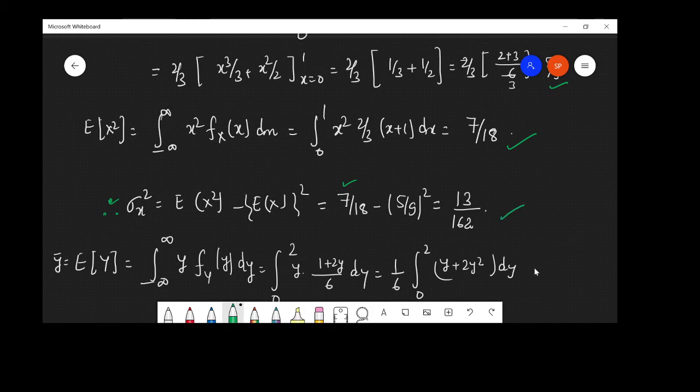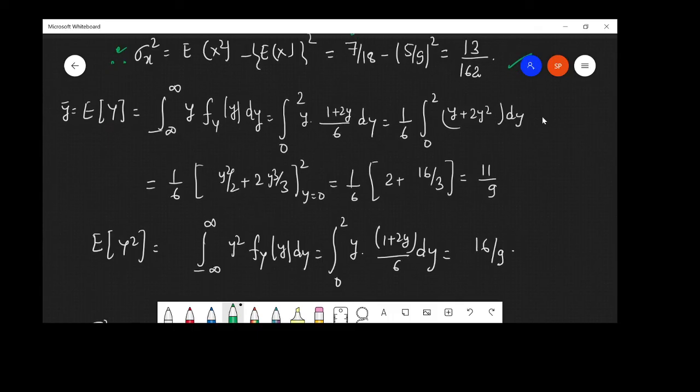And after that we similarly find the value of y bar. Here y bar is equal to the expectation of y. Here we write the integral from minus infinity to plus infinity of y into the marginal probability density function of y dy, and we know that the limit of y, according to the question, is 0 to 2, and y into the marginal density we already found before, (1 plus 2y) by 6, dy.